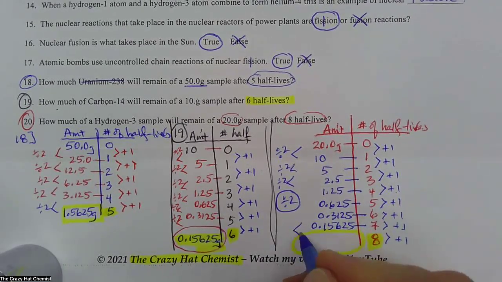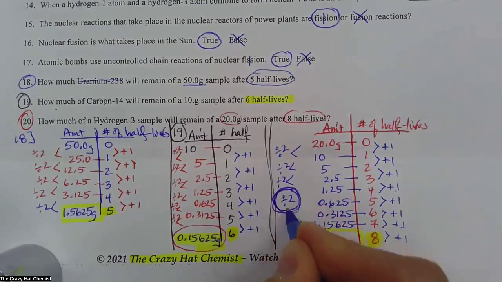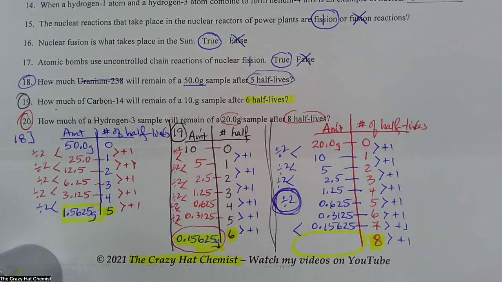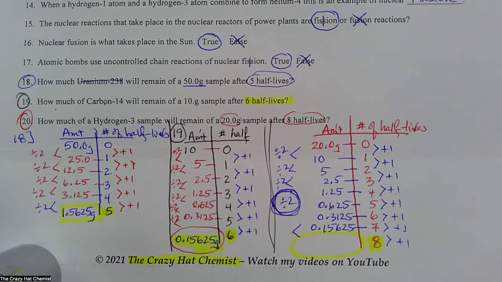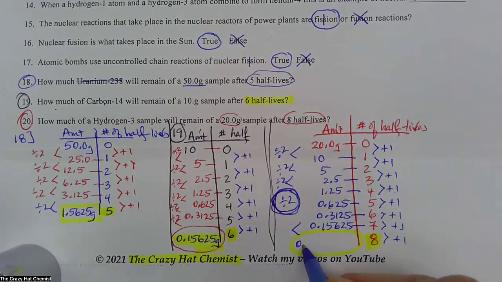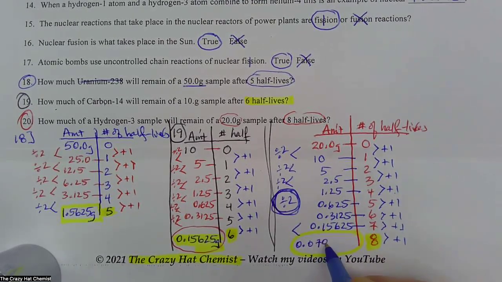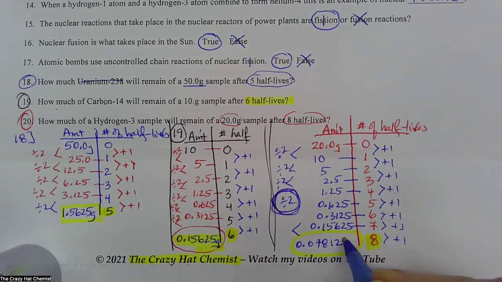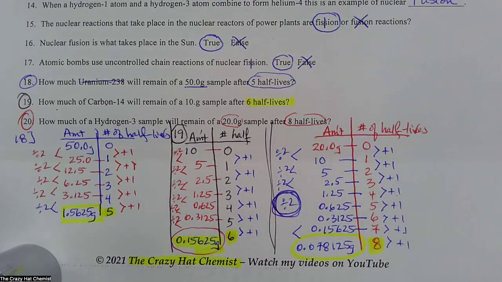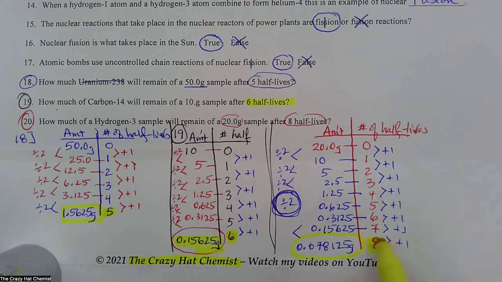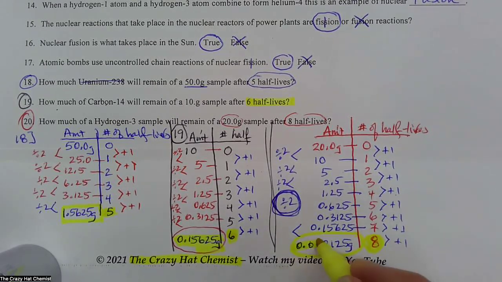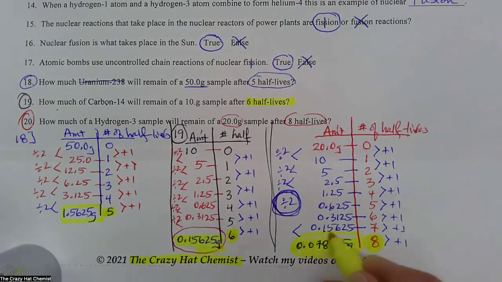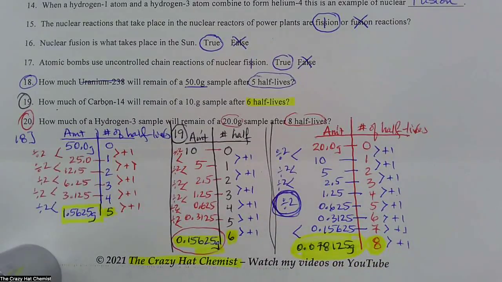And we are going to divide by 2 one more time, and we get our final answer, which is 0.078125 grams. So at the end of 8 half-lives, we have a 0.078125 gram sample remaining.